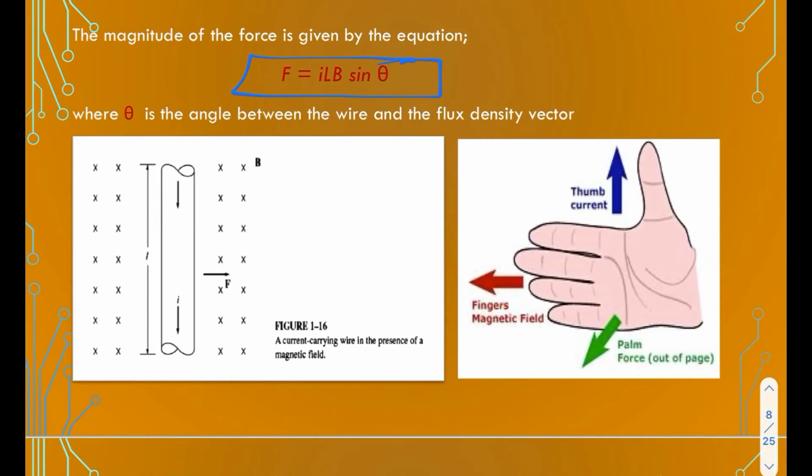This is the right hand rule. The thumb is the direction of the current, the fingers are the magnetic field, and the palm is the force, out of the page here.